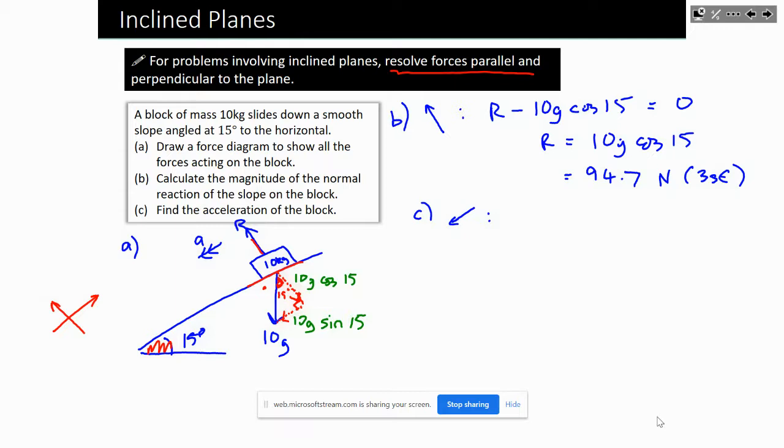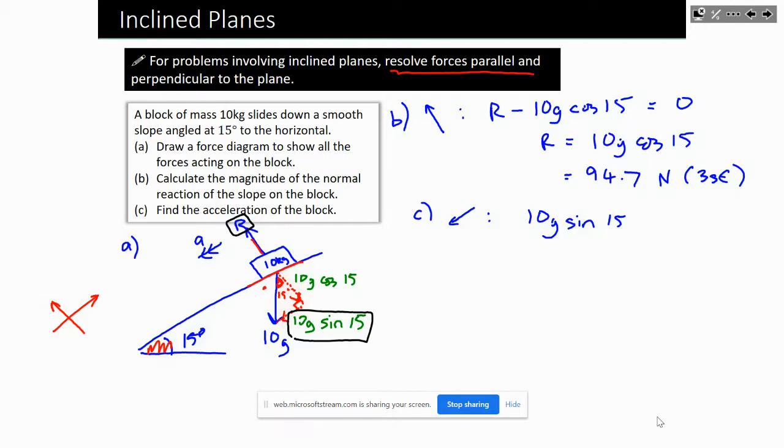So the only force acting in that direction is this component of our weight, 10g sine 15. There are no other forces affecting our movement down the slope. Our reaction force does not affect the direction of the acceleration because it's from the plane.